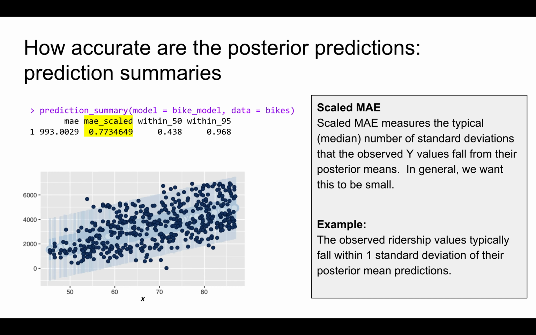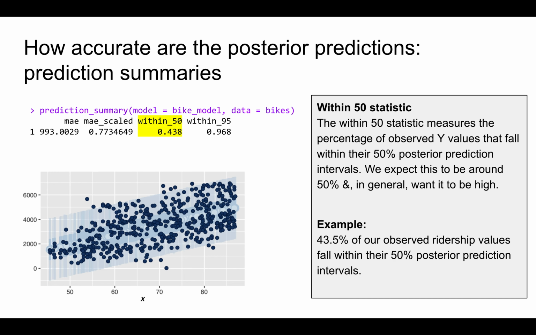Specifically, it measures the typical number of standard deviations that the observed y values fall from their posterior means. In general, we also want this metric to be small. In our example, the scaled MAE is 0.77. That is, the observed ridership values typically fall within 1 standard deviation of their posterior mean predictions.